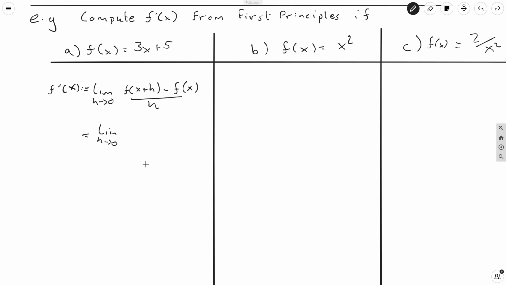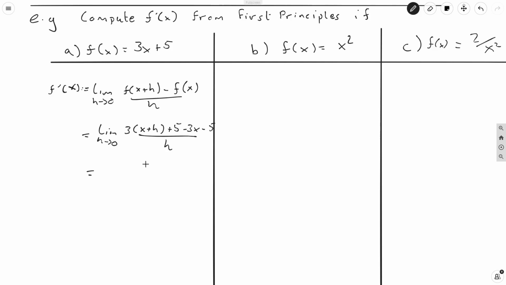Now f of x plus h here is 3 times x plus h. And f of x has also a plus 5, the constant term. f of x is 3x plus 5, so we're subtracting 3x and 5, and we're dividing everything by h.